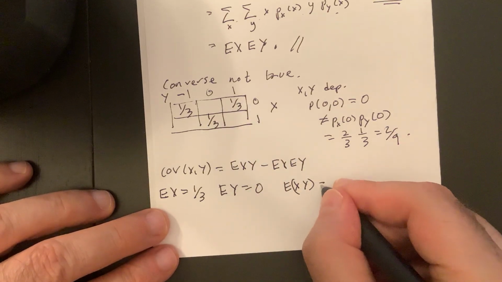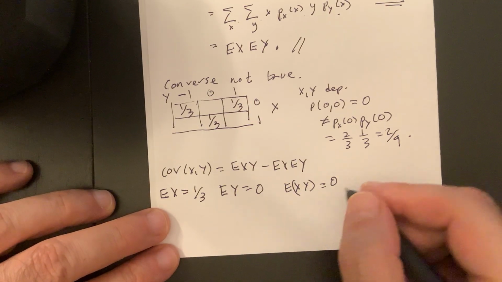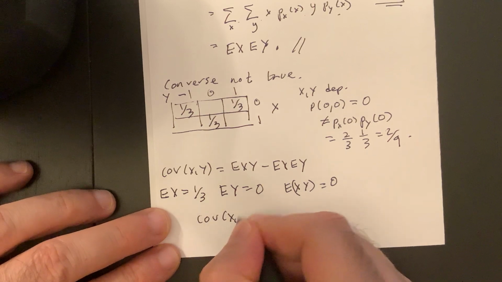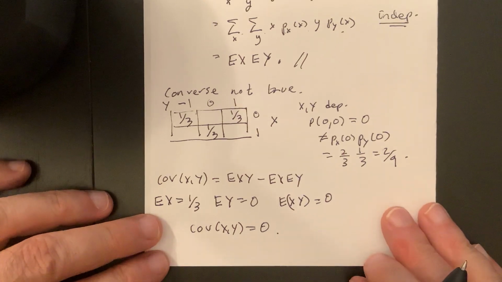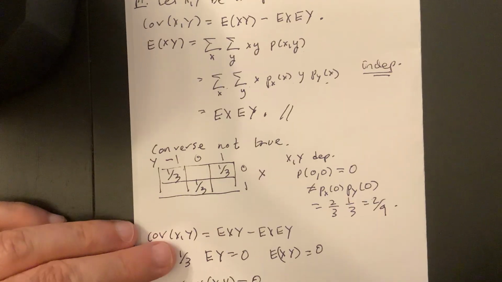One is always 0, so this is 0. So the covariance of X, Y equals 0. Okay, yep.